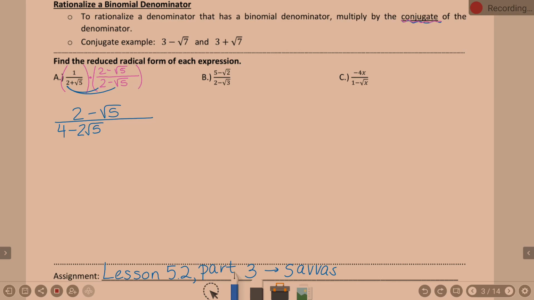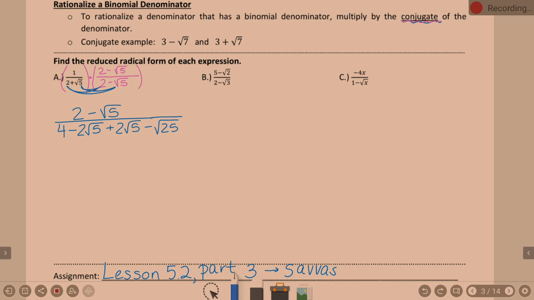Insides, positive square root of 5 times positive 2. Just stick them together, and it's going to be plus 2 square root of 5. And then last, square root of 5 times negative square root of 5. Positive times a negative makes it a negative square root of 5 times square root of 5. I wrote square root of 25. I heard someone say 5. Is that okay? Yes. Square root of 5 times square root of 5 is going to be 5. You can go ahead and jump to that. That's perfect.